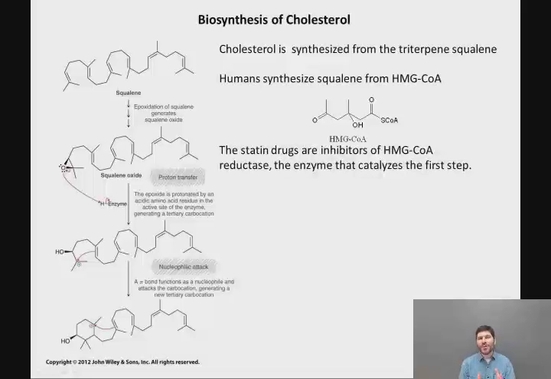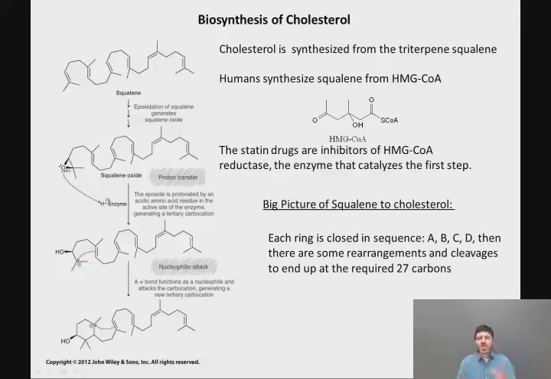So you might have heard of the statin drugs that are commonly used to treat high cholesterol these days. What they actually are inhibitors of is an enzyme called HMG-CoA reductase, which reduces the ketone in HMG-CoA, and that is the first dedicated step towards the buildup of squalene and eventually into cholesterol.